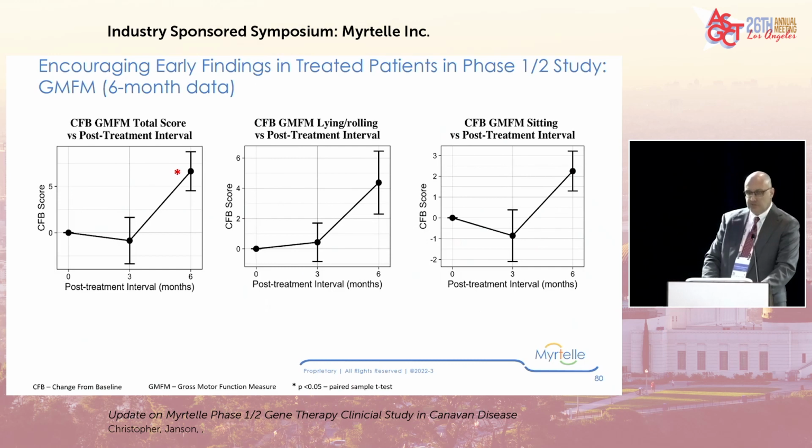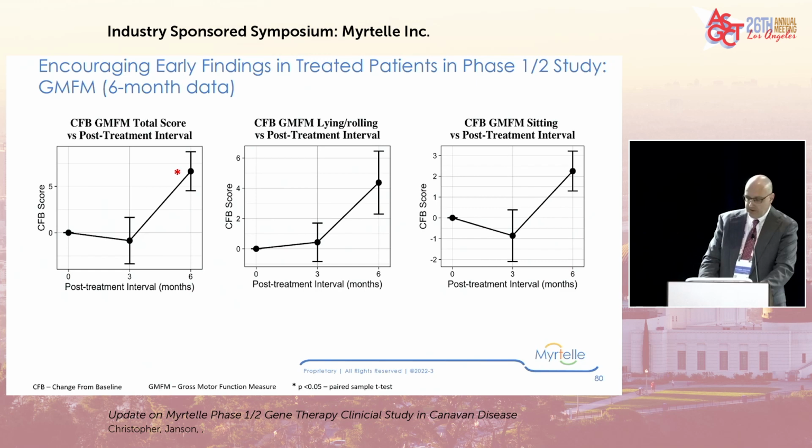So moving on to some quantitative data, grab the pointer. So starting here at the right, I'm sure this is working, but starting at the right, we have GMFM subscores of lying and rolling and sitting, which both show a favorable trend in the change from baseline raw scores.